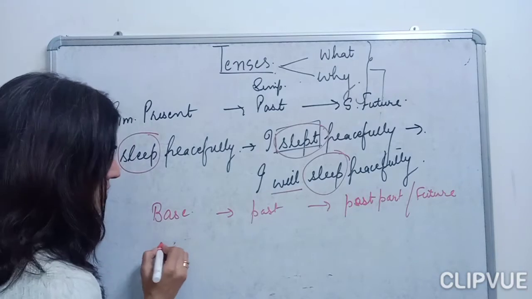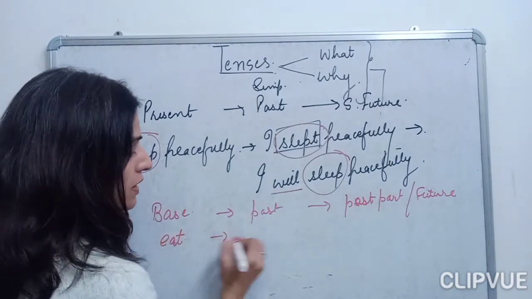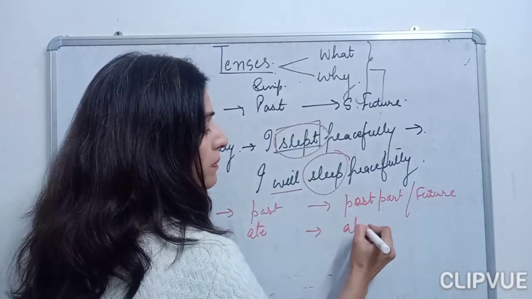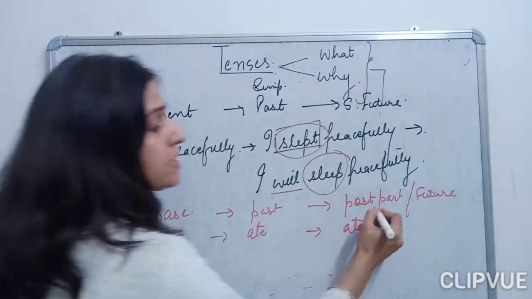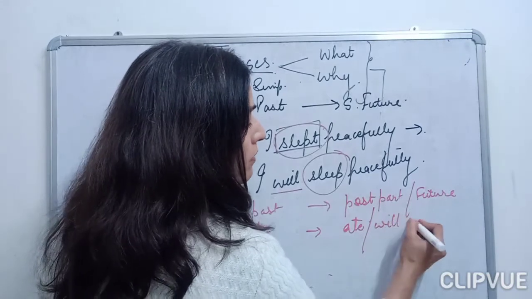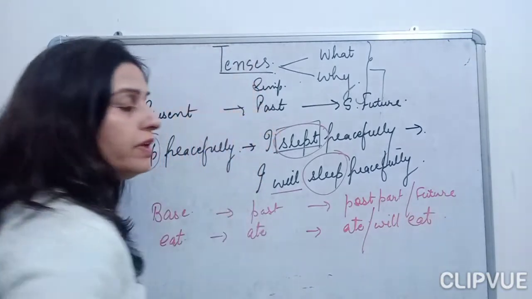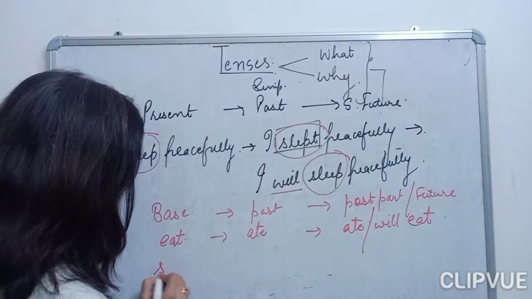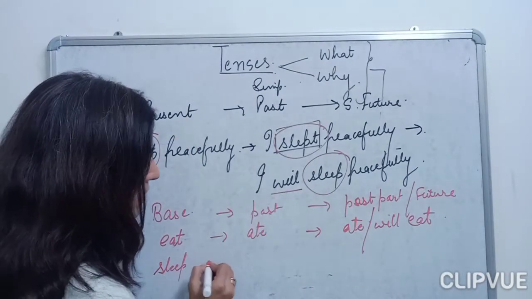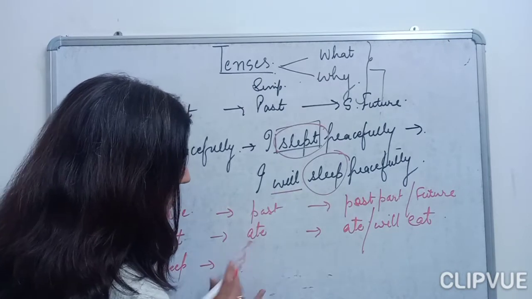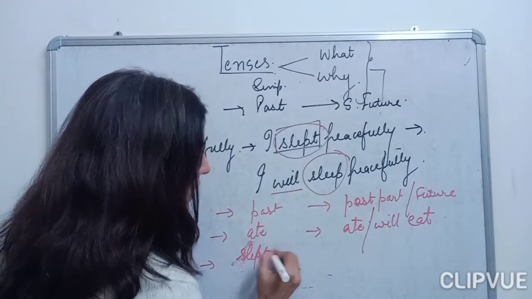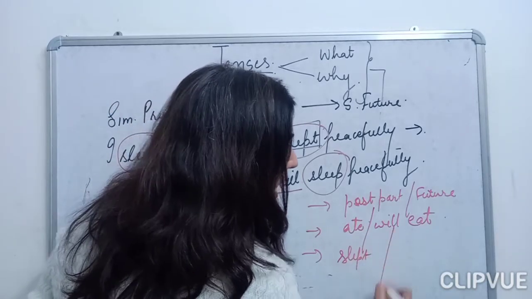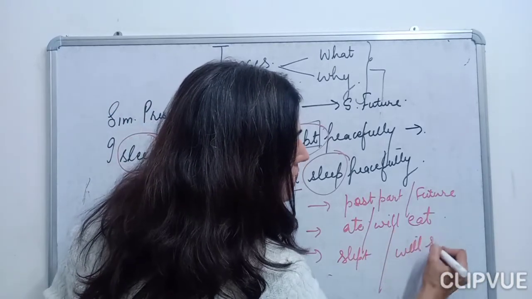Suppose I take a verb eat, it will be ate, and in the past participle it will be eaten, and in future it will be I will eat. Now suppose sleep I have taken here. Present it will be sleep, past it will be slept. Okay, and past participle again slept, and future will be will sleep.